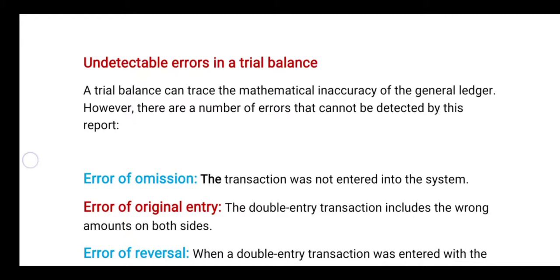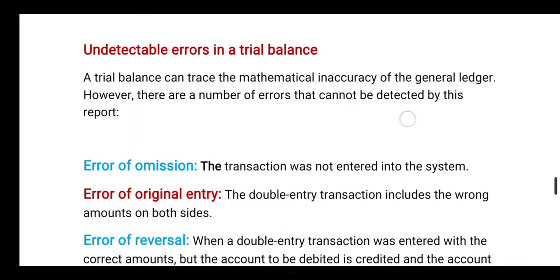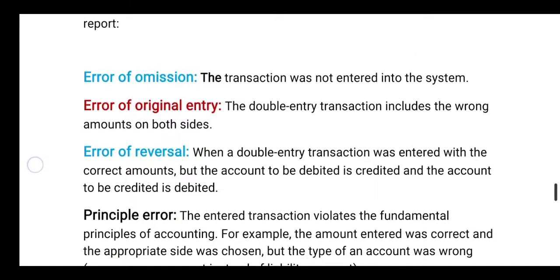Now we describe the limitations of the trial balance. A trial balance can check the mathematical accuracy of the ledger. However, there are a number of errors that cannot be detected by this report. It gives a lot of accurate information for the financial statements, but it also fails to detect some errors. Now, for example, error of omission.